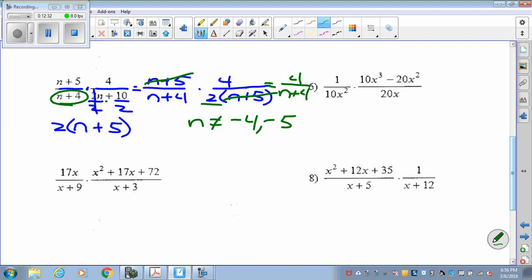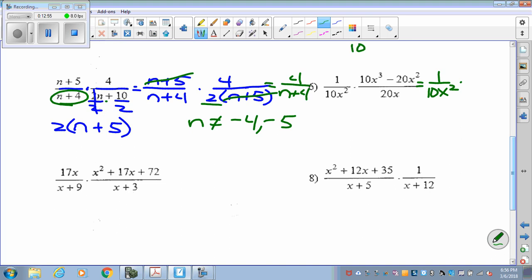All right. Looking at the next one, I cannot reduce that one, so that would just be 1 over 10x squared times, but then here we do have a common factor, right?